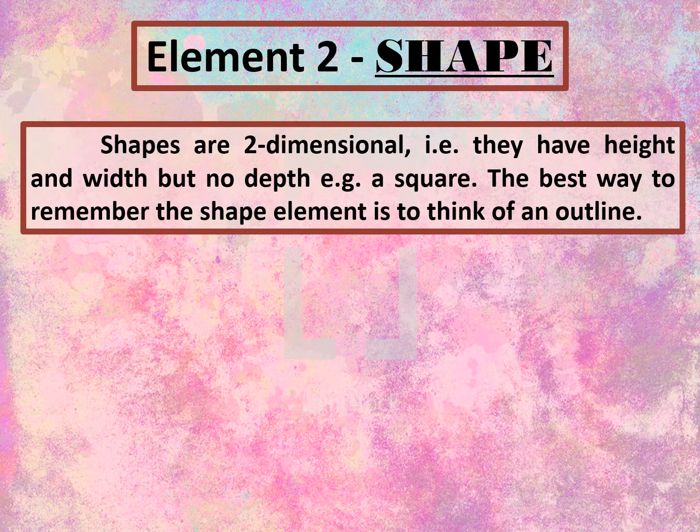Shapes are two-dimensional or 2D. They have height and width but no depth. An example is a square. The best way to remember the shape element is to think of an outline.